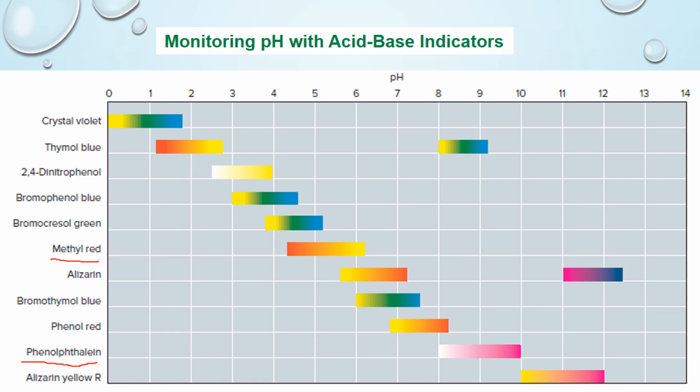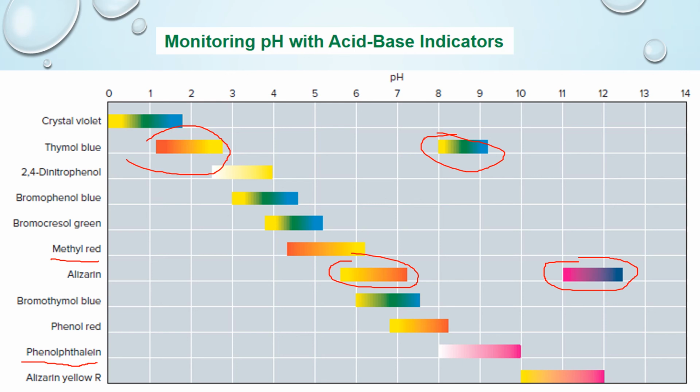And some pH indicators have more than two colors. They have two ranges, for example, thymol blue and alizarin. You see they have two stripes when the pH changes.